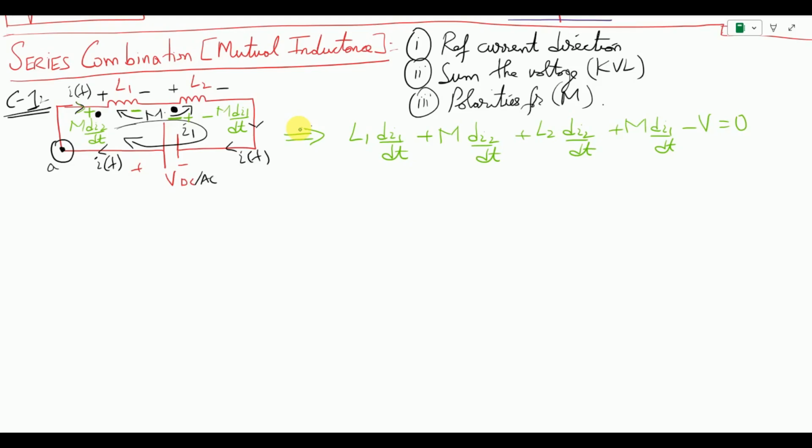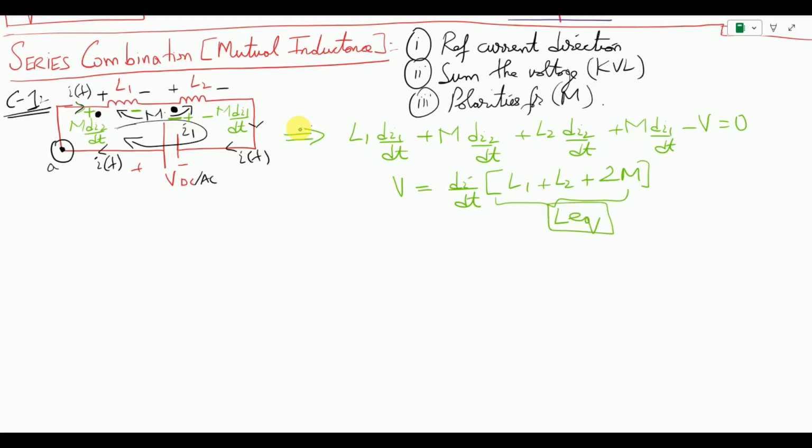Now we know that the current remains the same in a series circuit, so I don't need to write di1, di2 and so on. I can just write a simple current, and then the equation simplifies to voltage equals di by dt times L1 plus L2 plus 2M, and this portion here is basically the L equivalent that we want to know.